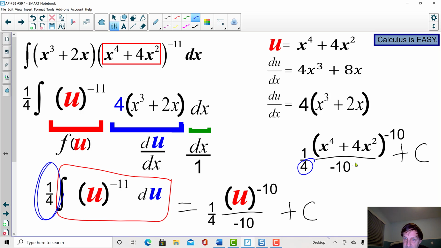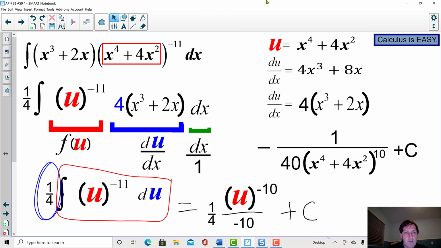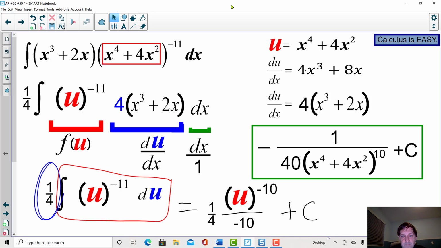The 4 times the negative 10 is negative 40. And if you have a negative 10 power on top, you can move the entire piece down and it will become a positive 10 power. Okay, and you can even bring this 40 down to the bottom so it's just one fraction. Okay, that's our final answer. Let's put a box around it. And that's it.